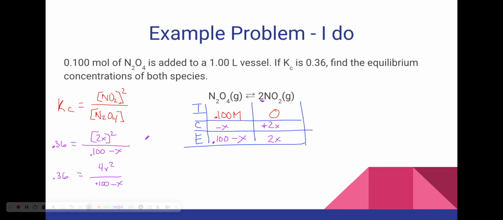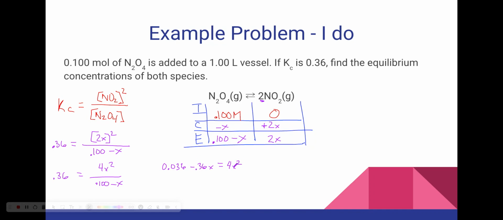Okay. Now, guys, we've got to proceed to get our values. We've got to clear x out of our denominator here. When I do that, we will get 0.036 minus 0.36x, right, is set equal to 4x squared.